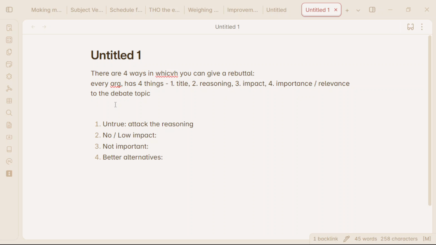Like in the previous session, you told us how to make arguments. Structure, you told us 4 ways. So, sir, are these 4 ways like someone is using advantages and disadvantages?